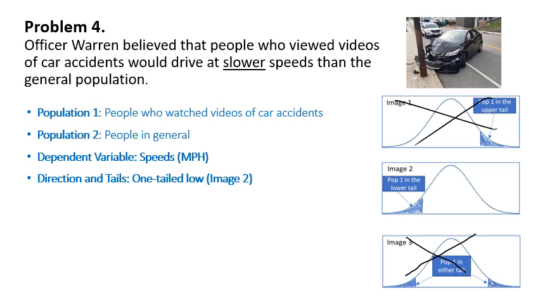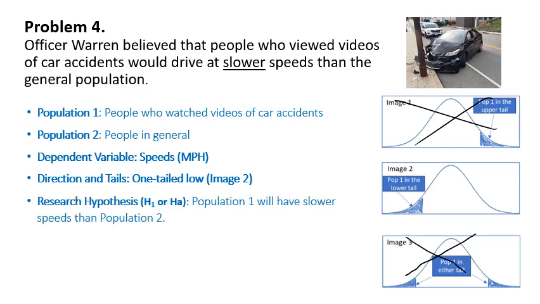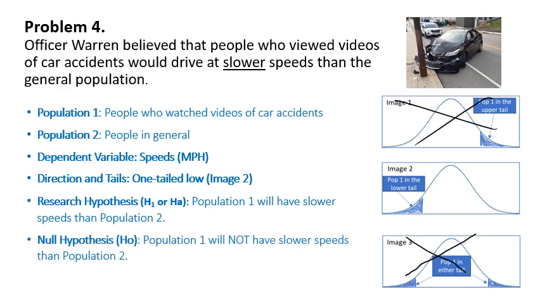I know that because of the word slower, and so we'll be looking at image 2 to solve this problem. The research hypothesis, H1 or HA, is that population 1 will have slower speeds than population 2, and the null hypothesis is that population 1 will not have lower speeds than population 2.